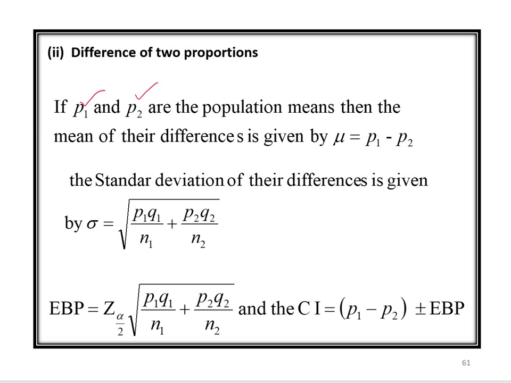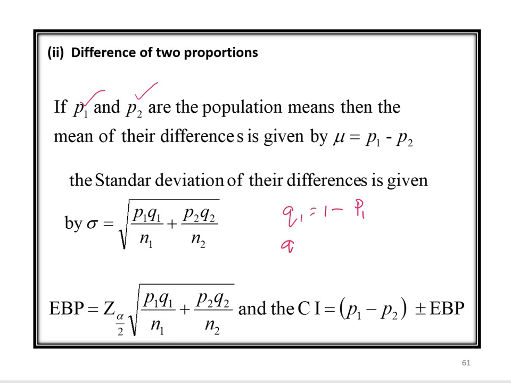The standard deviation of the difference of the proportions is given by sigma equal to the square root of P1 Q1 over N1 plus P2 Q2 over N2, where P1 is the population proportion from the first experiment. Once you have P1, you can find Q1, and Q1 is equal to 1 minus P1.